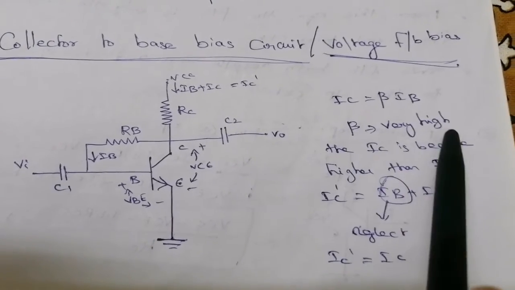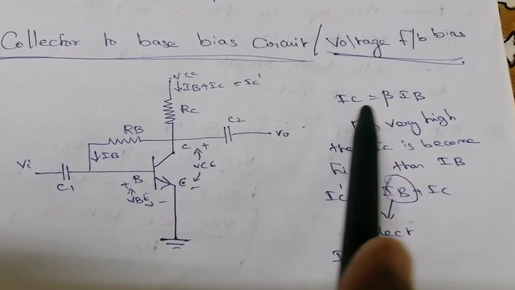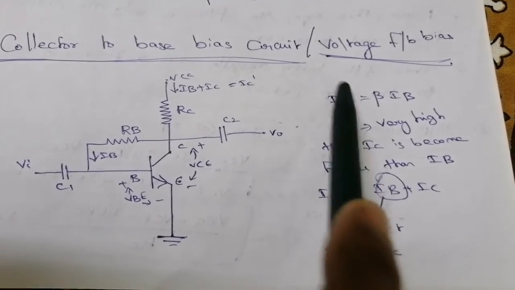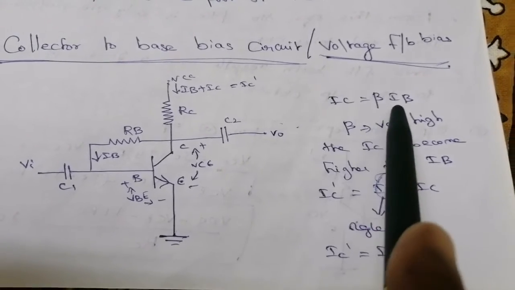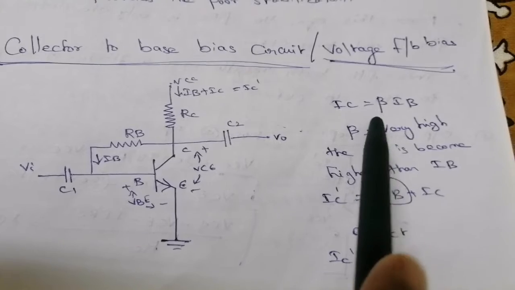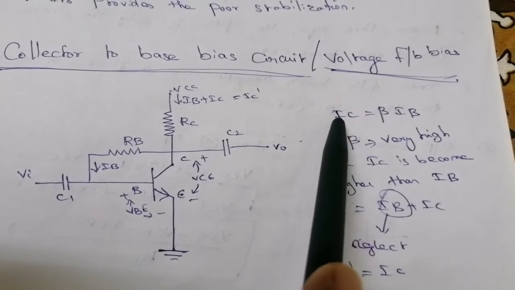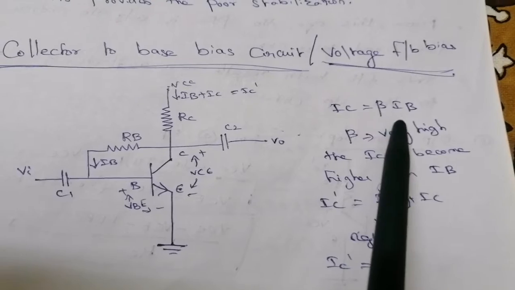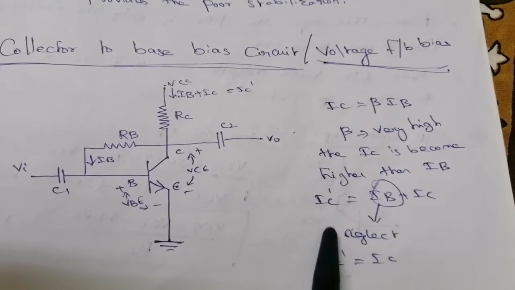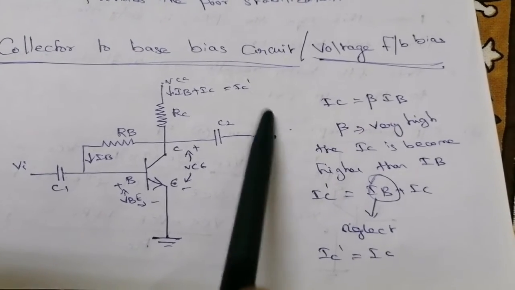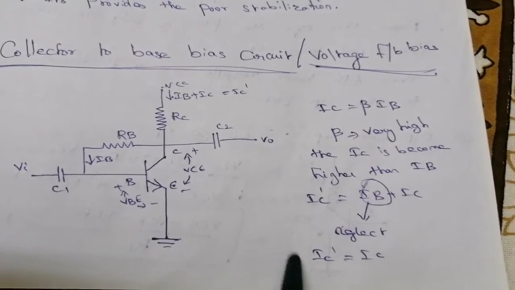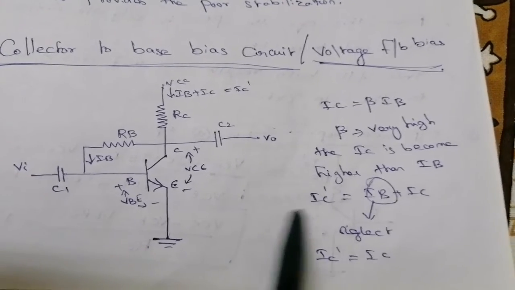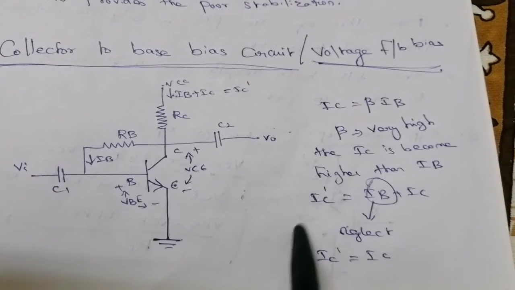If beta is very high, then IC becomes much greater than IB, right? If beta value is very high, the collector current becomes greater than the base current, so we can neglect the base current, then IC dash is nothing but IC. Is it clear? So this is for the simplification of the calculations.